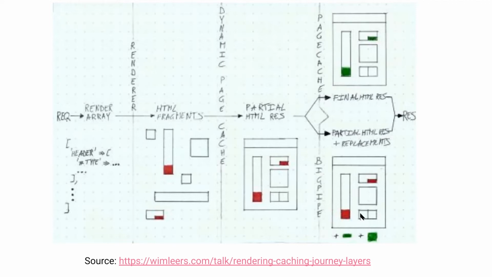This has an advantage, because the dynamic page cache is a bit slow as it has to compute the placeholders and then provide the response to the user. But if you use Big Pipe, we send the response to the user first, and then the server keeps streaming the placeholder data to the browser. So the perceived page load speed would improve if we use Big Pipe. Yeah, so that is all about this page cache level thing.